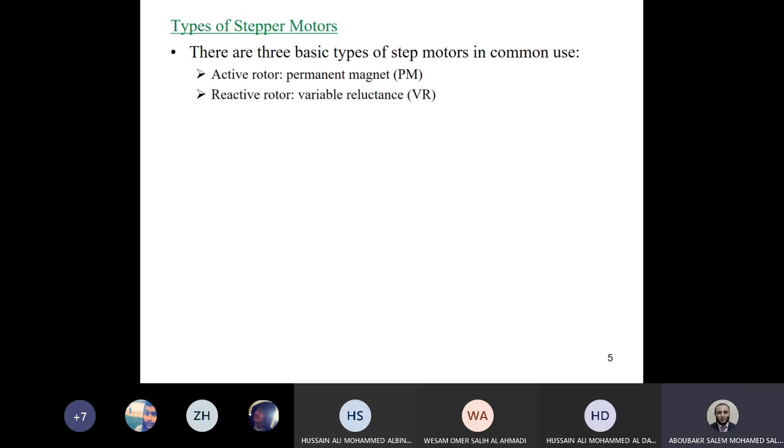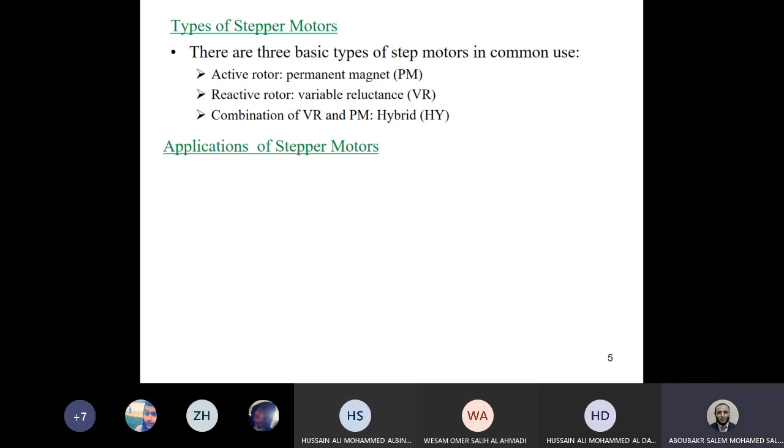The other type is the reactive rotor, where the rotor is based on variable reluctance, so the rotor is just iron, with no permanent magnets in the rotor circuit. And a combination of active and reactive rotors, or variable reluctance and permanent magnet motors, is the hybrid stepper motor. So we have 3 main types of these motors: variable reluctance, permanent magnet, and hybrid type.